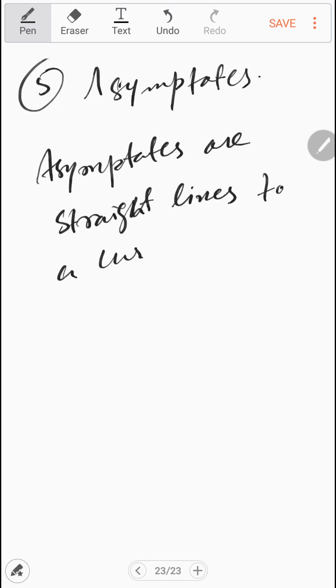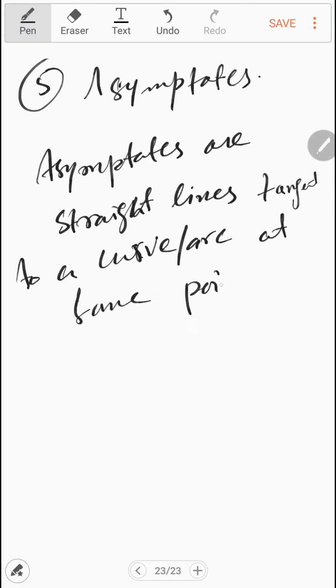It's a tangent to a curve, or you can also say an arc at some point. Suppose that you have an arc like this.